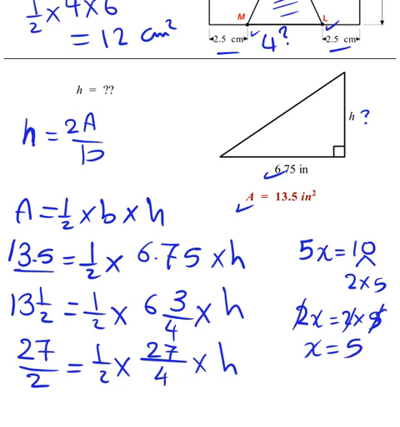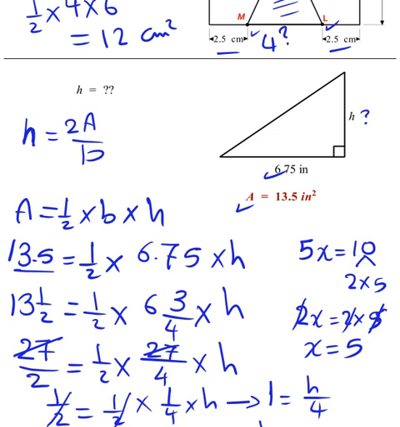The same, if you have 27 and 27 cancel each other, so you have half equals half times quarter times h, half cancels half, then 1 equals h over 4, h equals 4 inches. Okay, that's it for calculating the missing dimensions for the triangle.